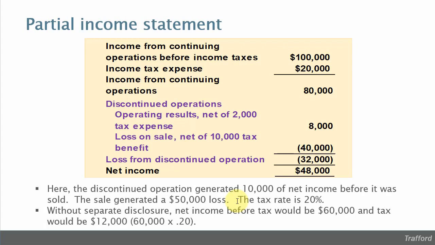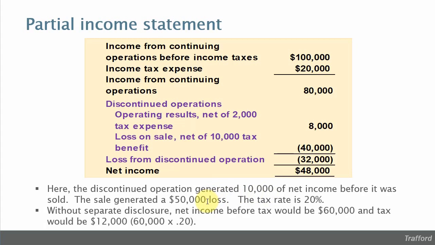First of all, if you take the $100,000 of income from everything other than the component that was sold, and you add it to the $10,000 of net income from the component that got sold, you get $110,000. If you subtract the $50,000 loss on the sale, you get $60,000.